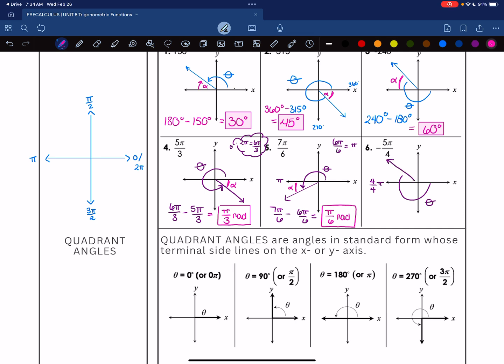We would have gone 1/4 more, which is telling us our reference angle. Our reference angle there is that 5 pi over 4, take away the 4 pi over 4. That gives you that little remaining amount, which is a pi over 4 radian measure.